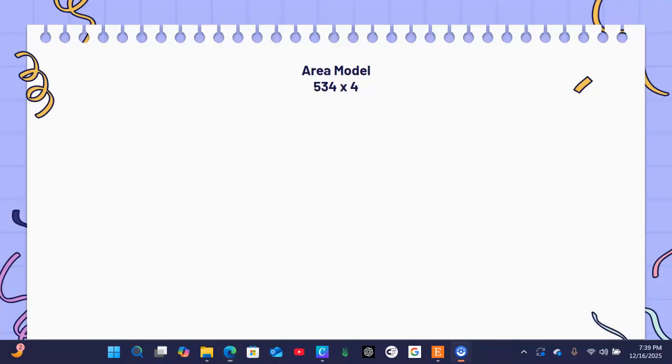So the first one that we'll be talking about is the area model. And the area model, you should remember that from fourth grade. With the area model, you know that you are drawing a rectangle and you take the numbers right here and you decompose them. So we're starting with 534. We're going to break 534 where we know that 534 is made up of 500.